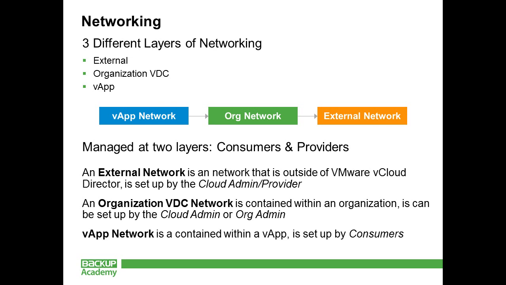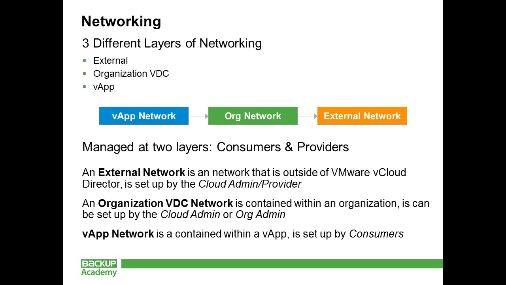Looking at an organization network, this is a network that is contained within an organization boundary within vCloud Director. It allows VApps to communicate within the organization with each other or to the outside organization via an external network. This is backed by network pools within vCloud Director.